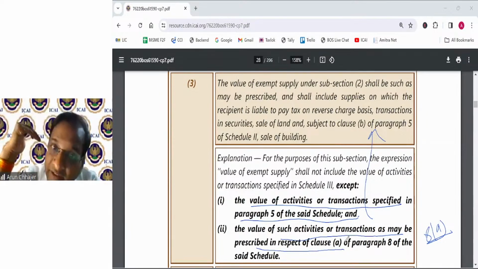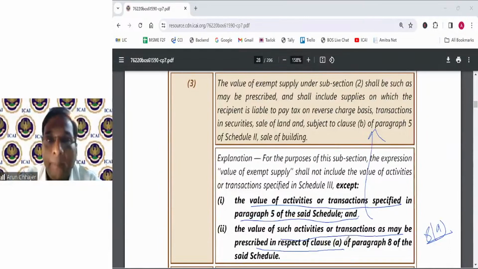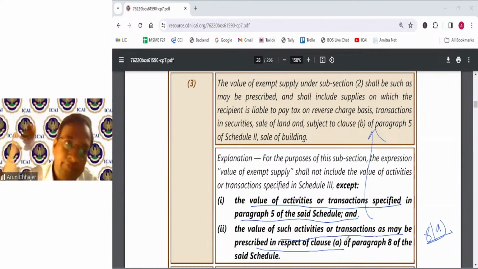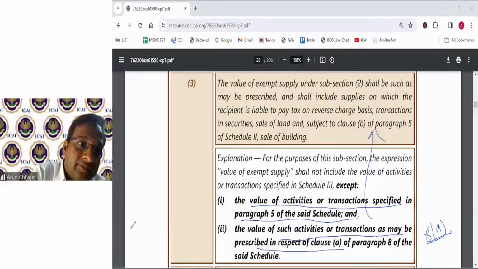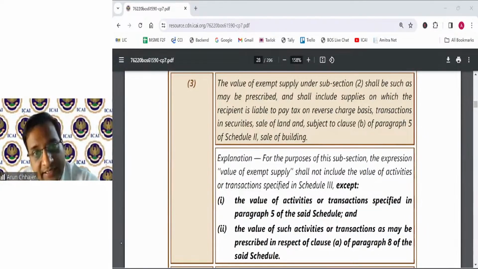But before filing the bill of entry, you are making the sale of that warehouse goods, then it is considered as exempt supply only for the purpose of reversal of common ITC.